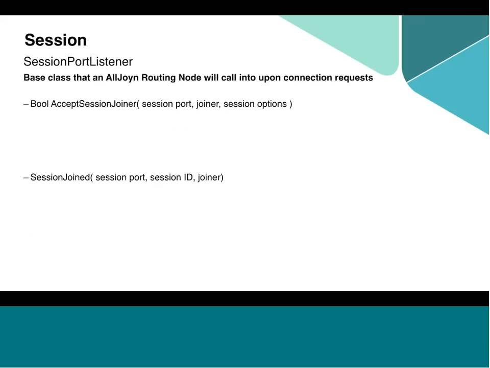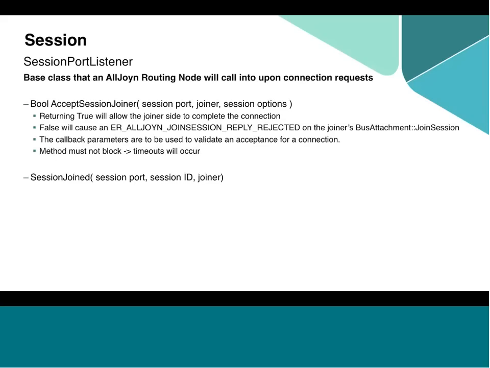So looking at that session port listener in a little bit more detail, this allows you to, on the accept session join callback, deny or accept. And so what that means is if someone's trying to connect, you'll understand the port value, so what your application logic has designed, who the actual other side is, and what the options they're trying to connect on, right?